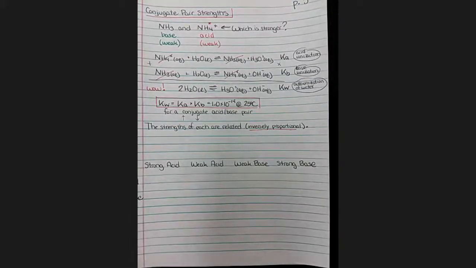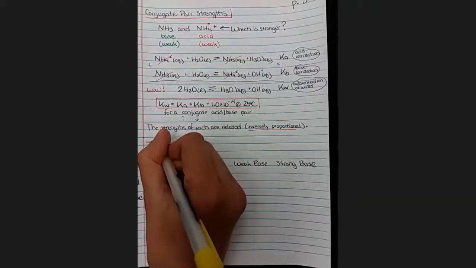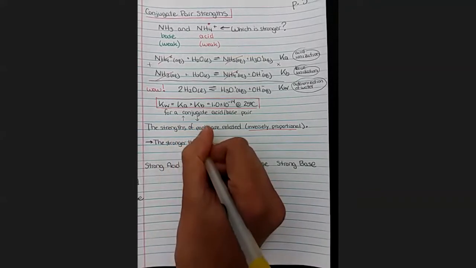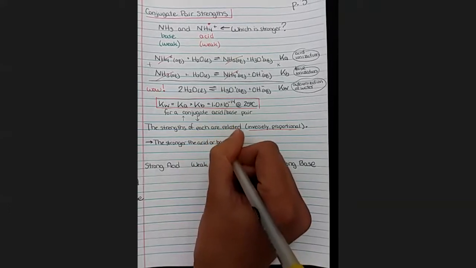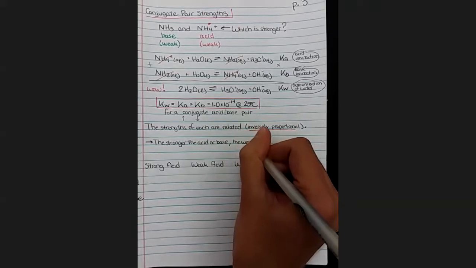Okay, so if they're inversely proportional, that means that as one of them gets stronger, the other one is going to get weaker. So here's what it says in your book: the stronger the acid or base, the weaker its conjugate partner.